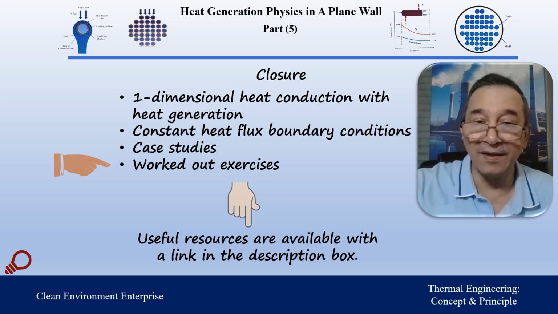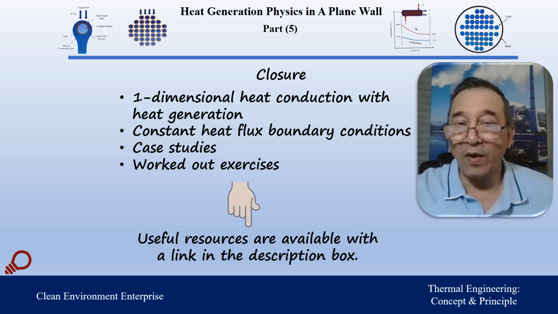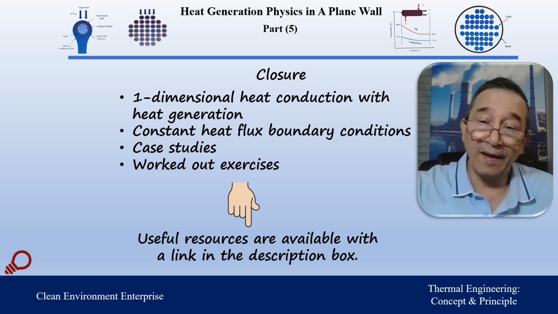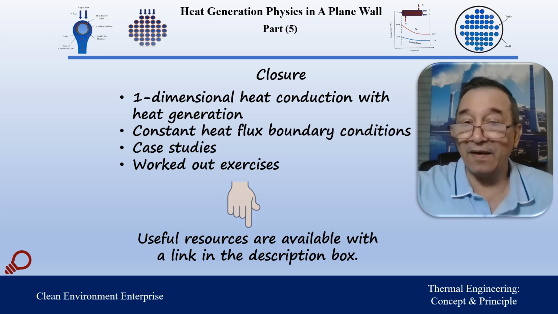You may find some useful references in the description box, and this video is the last one of the series, which is related to one-dimensional heat transfer in a plane wall with different boundary conditions.